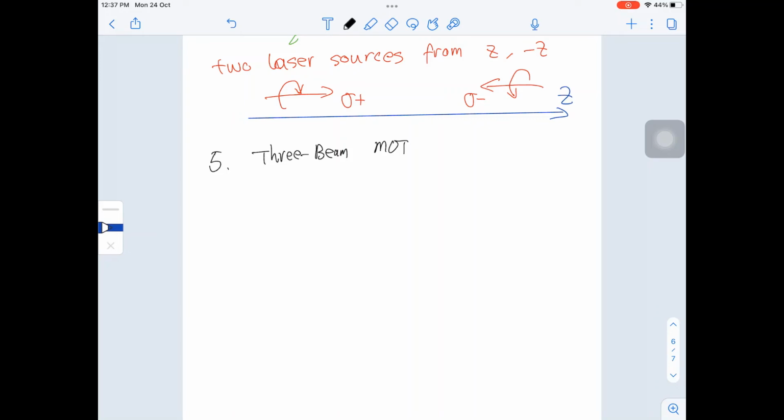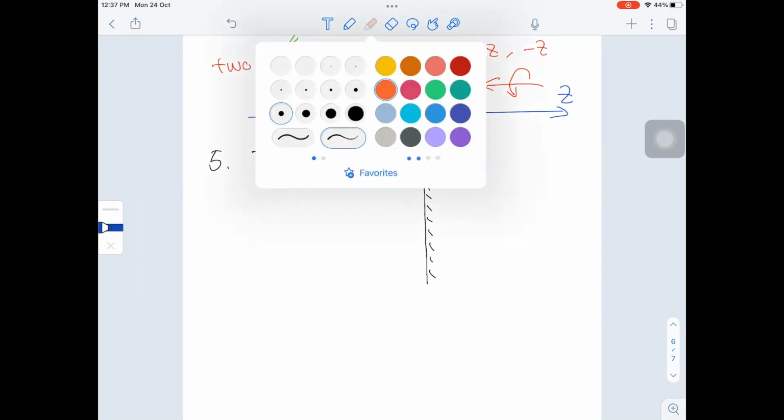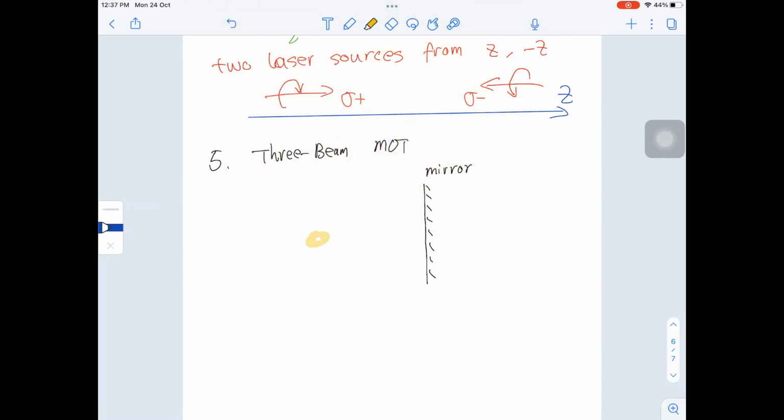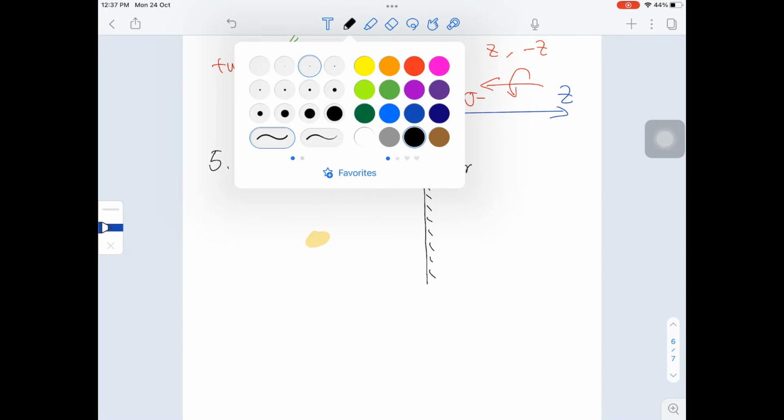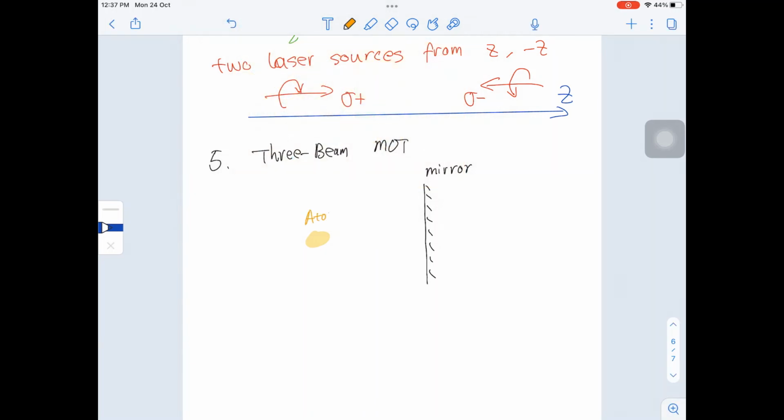Let's say I have a mirror like this. Here I have the cloud of atoms, let me call it the atomic cloud, and it is full of atoms.